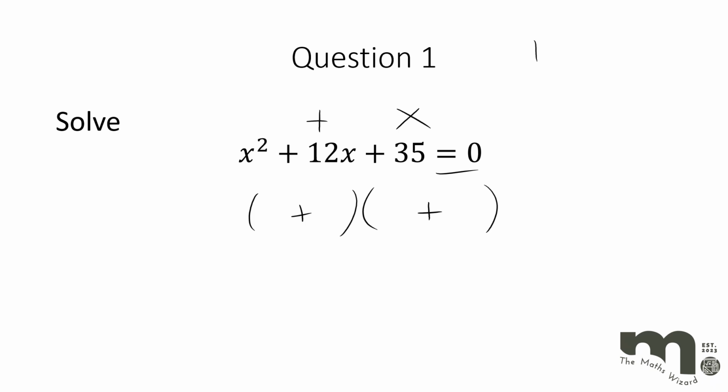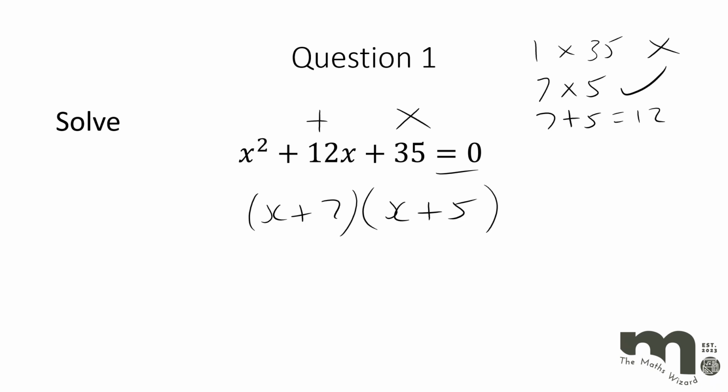So if we go, well, 1 times 35, we know it can't be that, because 1 add 35 gives you 36. We could have 7 times 5. Now that does work, because that does multiply to make 35, and 7 add 5 does make 12. So we're going to have x add 7 in one of the brackets, then x add 5 in the other bracket.